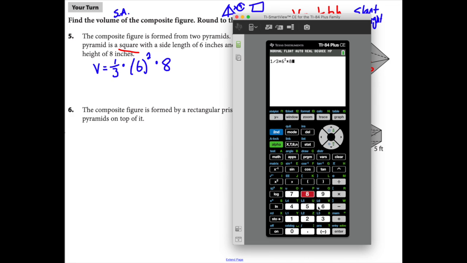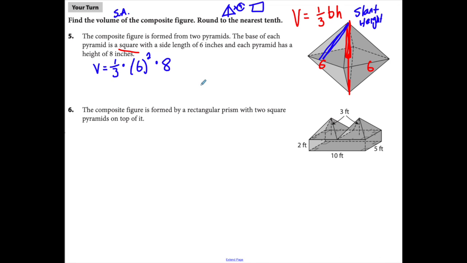It's going to give me 96. I'm going to take that and multiply by 2 because I've got 2 of these pyramids, and that is going to give me 192. Notice the units: inches cubed.